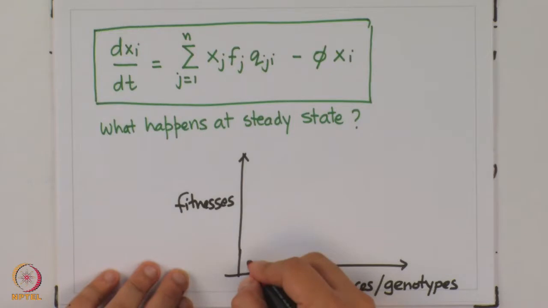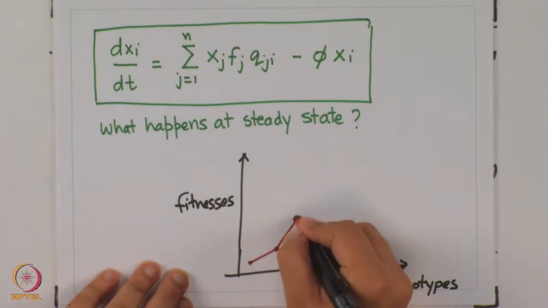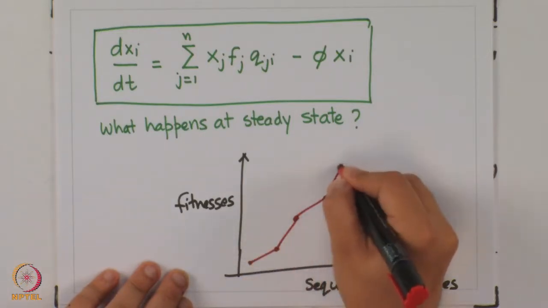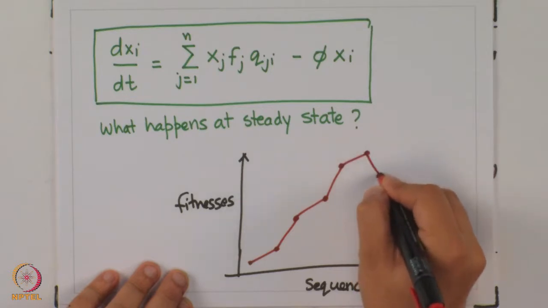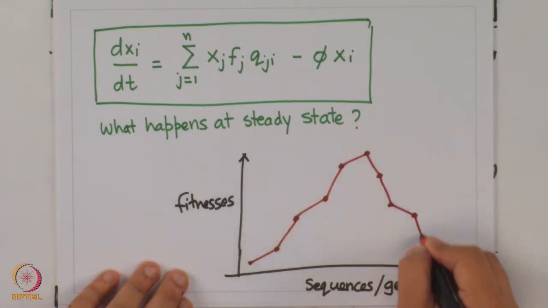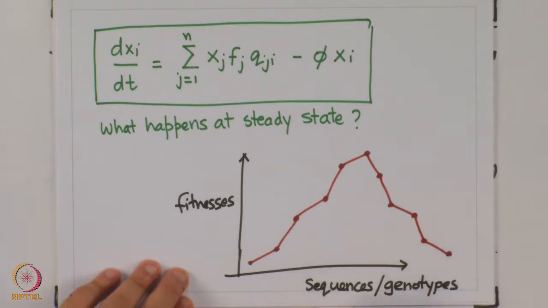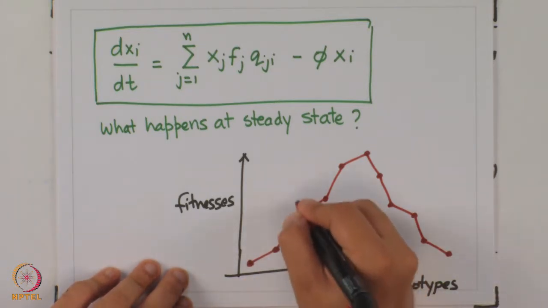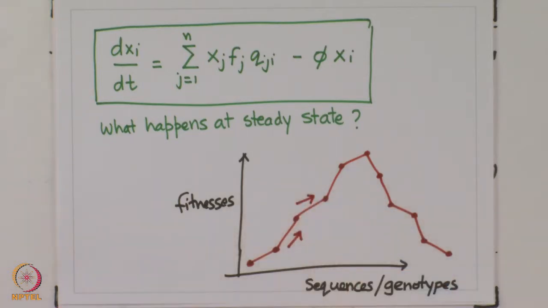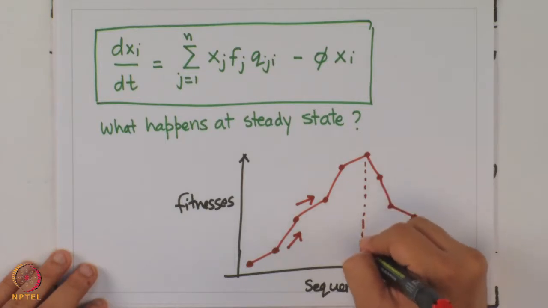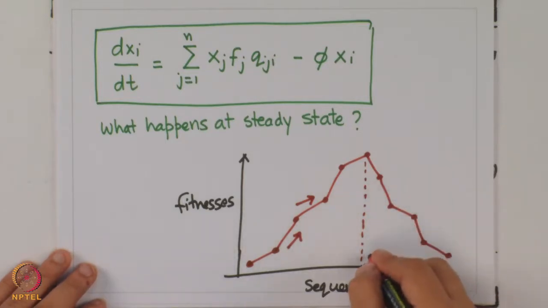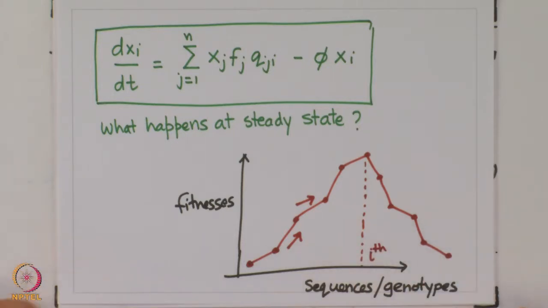And now let me say that these look something like this. You could acquire a mutation and move in a particular direction, and so on and so forth. Increase in fitness means that you are a genotype which is growing at a faster rate, and this is the fittest genotype, the ith genotype from the N that I am talking about here.